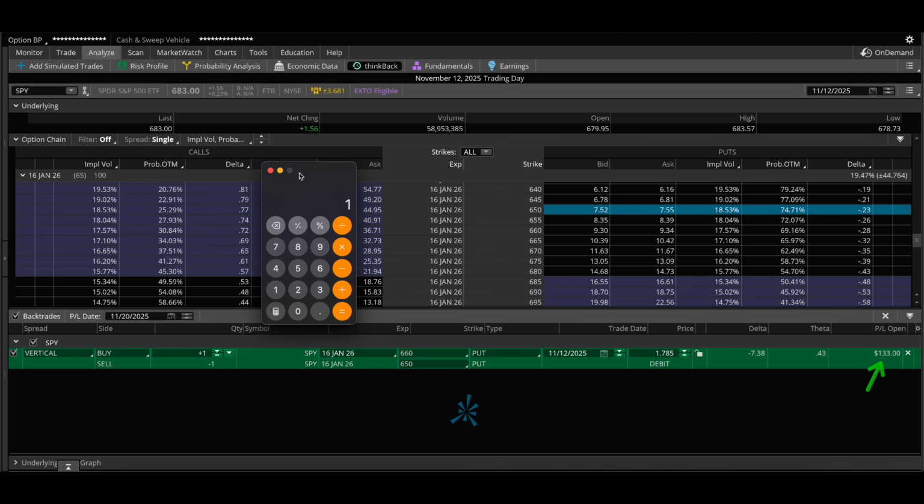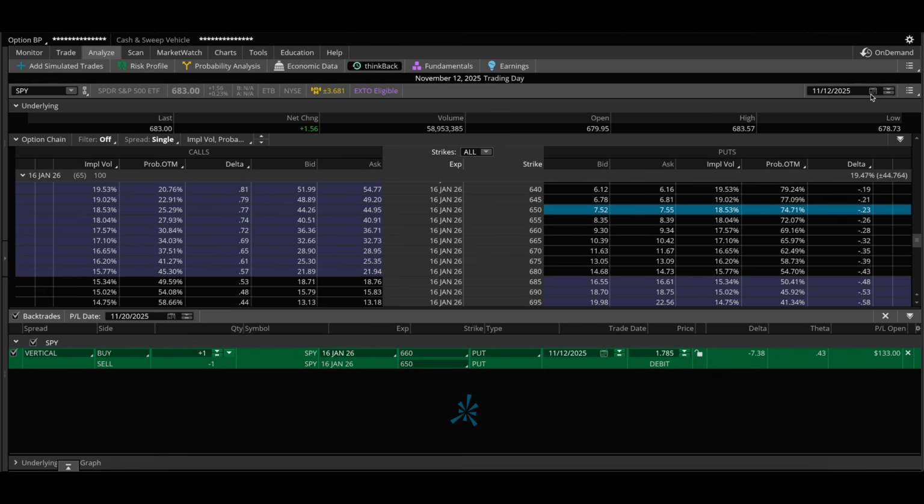So we know it's a 10-point wide spread, and we know that we paid $1.79 for that. So the max profit on this spread would be $8.21 or $821. And the spread is profitable by $133. So nowhere near its max profit, but profitable nonetheless.